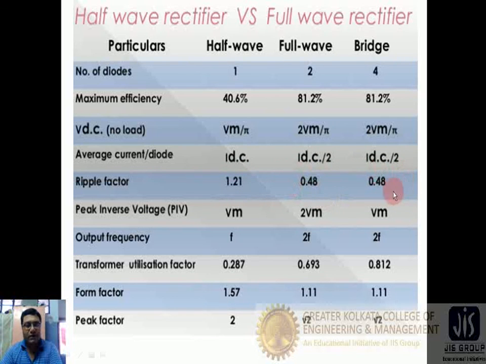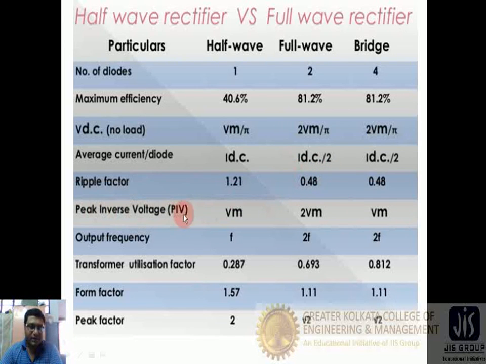So the ripple factor is an important concern to get a DC wave. The more the ripple factor, the more the DC wave will deteriorate, so we make the ripple factor as low as possible to get a pure DC wave.